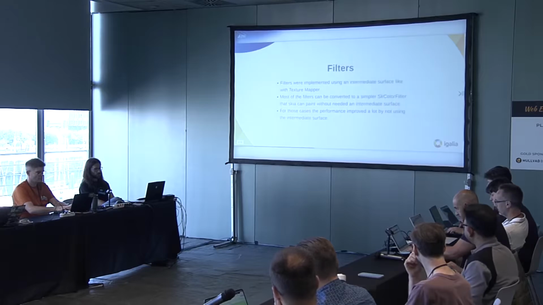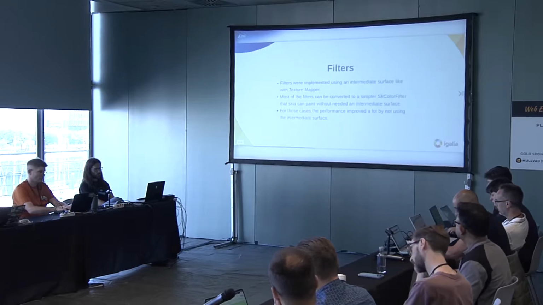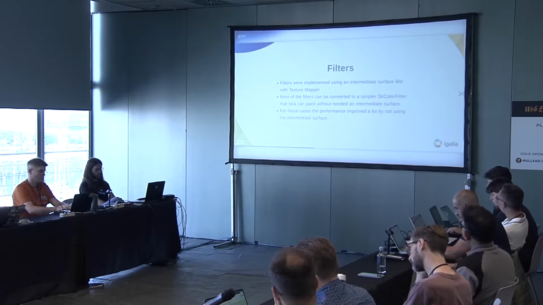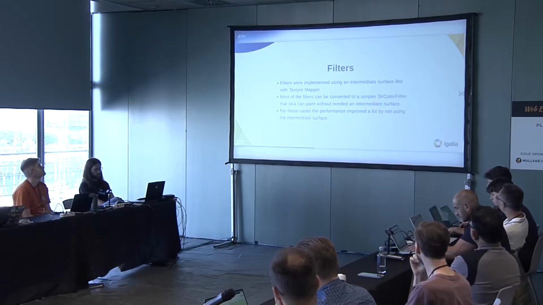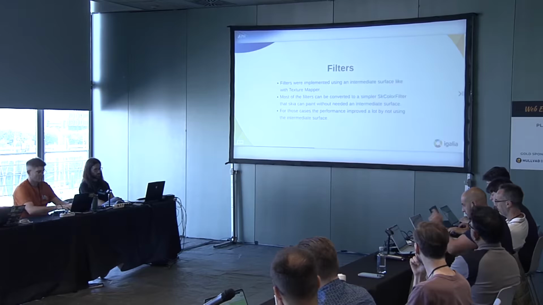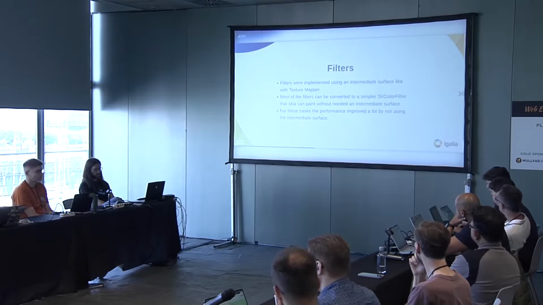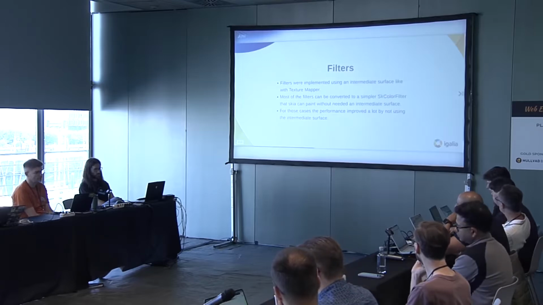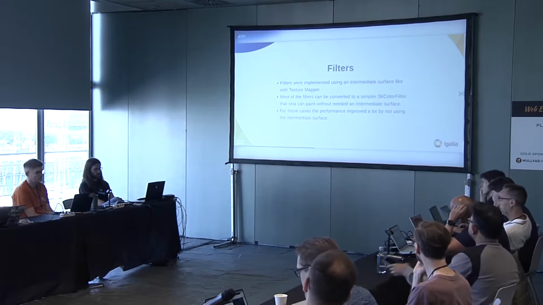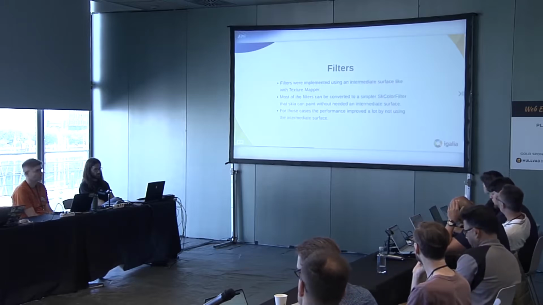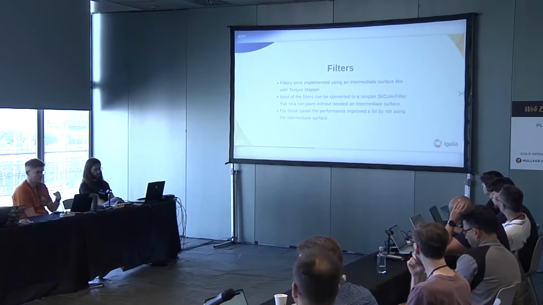So regarding filters, in TextureMapper, the filters were always implemented using an intermediate surface where the filter is applied and then that surface is painted back into the parent surface. With Skia, we can convert most of the filters. Basically, I think they're all of the filters except shadow and blur filter can be converted to simple color filters.